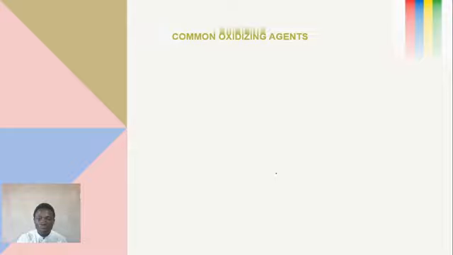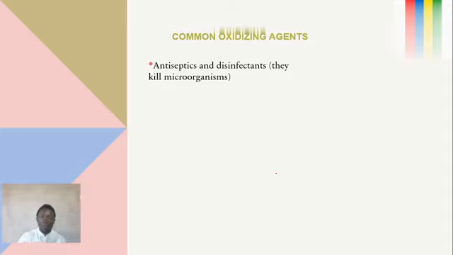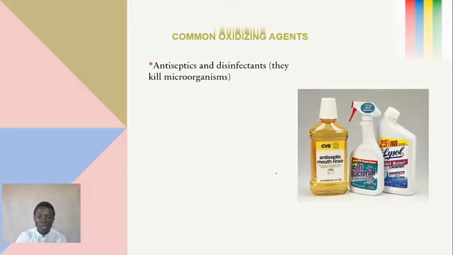So, common examples of oxidizing and reducing agents. Let's start with oxidizing agents. Examples are antiseptics and disinfectants, the ones used to kill microorganisms, and antibacterials. I'm sure you have antiseptics at home.